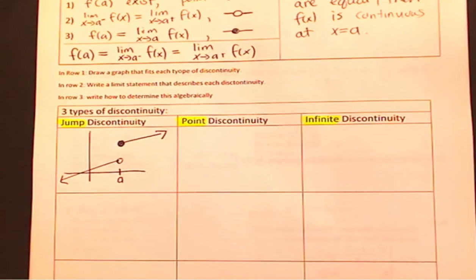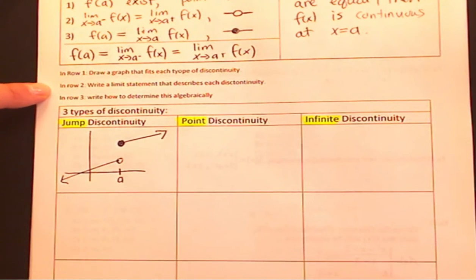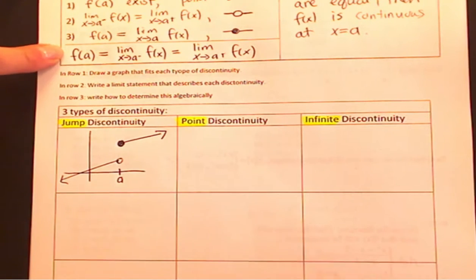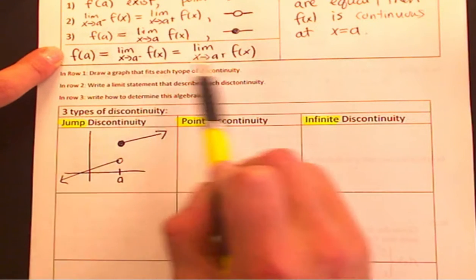Okay. In row 2, we're going to write a limit statement that describes this discontinuity. Okay, we're going to do it in the user-friendly format. So we have the point, the left, and the right.